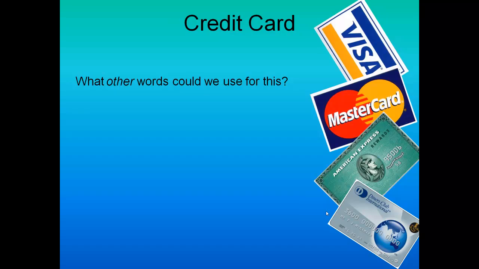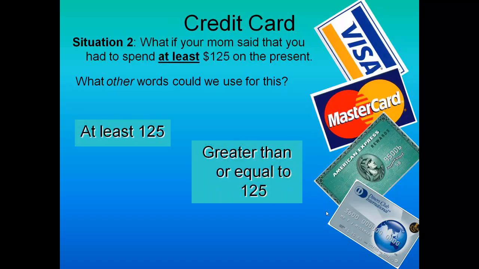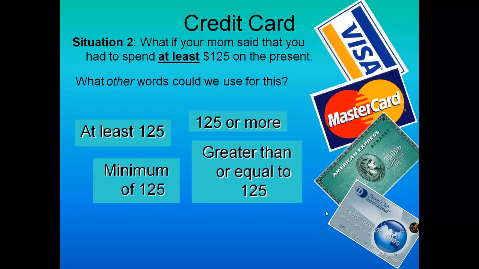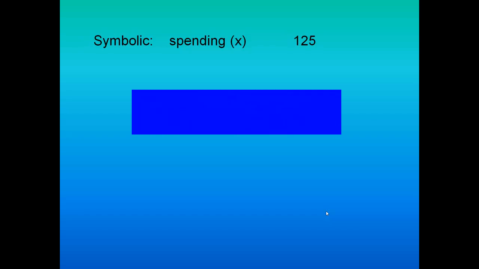So what are some other words that we could use that mean the same as at least? We could say greater than or equal to 125. We could say 125 or more. We could also say a minimum of 125. Let's write this as an inequality.